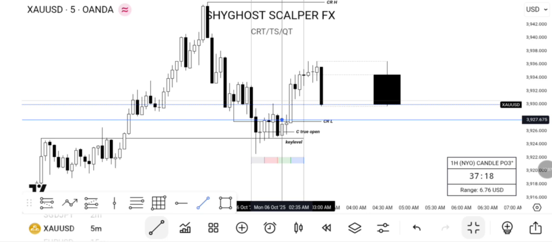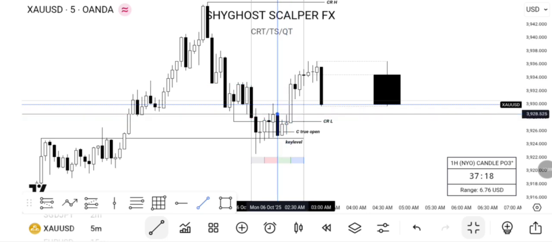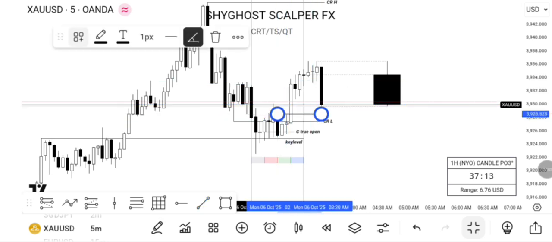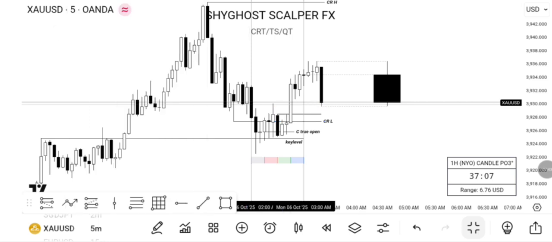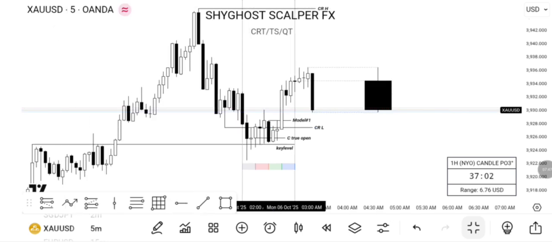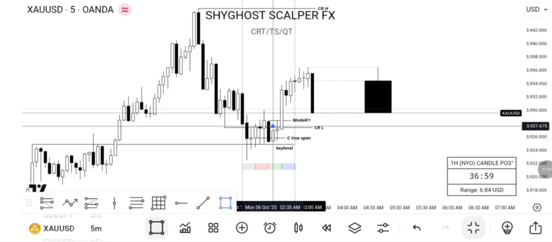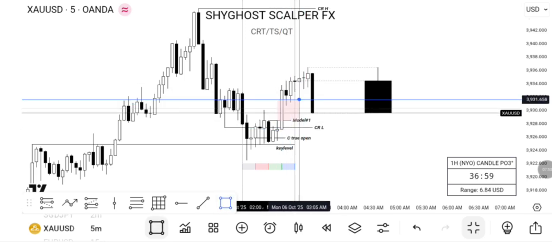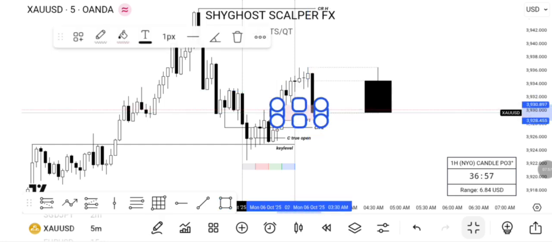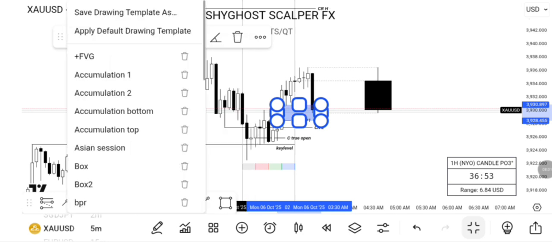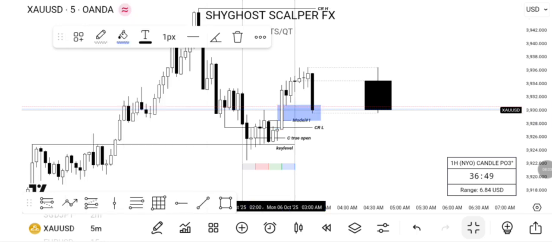So for this instance, it's this candle here. This is our model 1 candle, right? So as we see, our model 1 candle also overlaps with our FVG here.